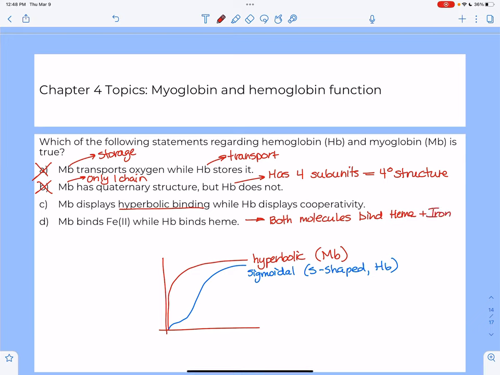So we can't say that only one binds to heme, and we can't say that only one binds to iron. So that's false. So that leaves us with this one. So even if you didn't remember or know, or we hadn't covered, hemoglobin having cooperativity, you could eliminate all the other options for this one.